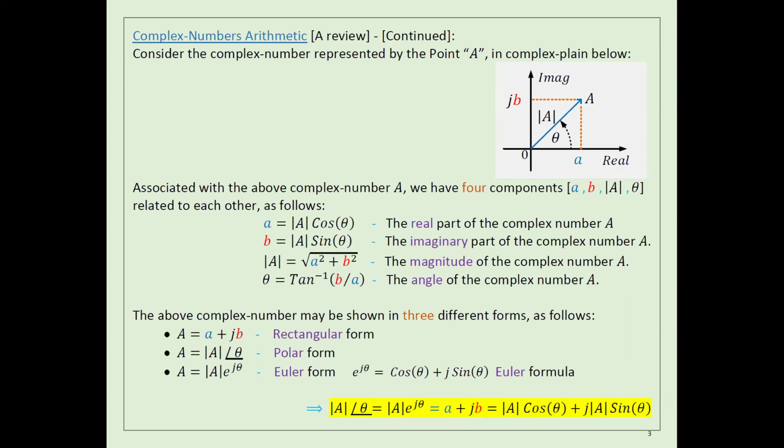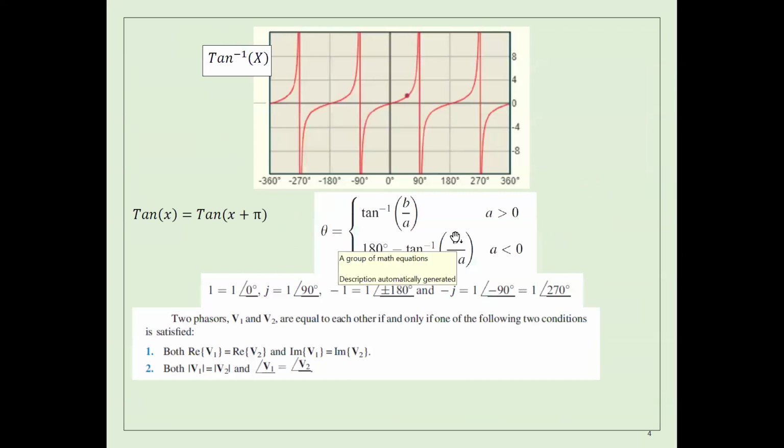In order to calculate the angle, it has to be the inverse tangent of b divided by a. But be careful here: if A is positive, you have to use this one. If A is negative, you have to use this one here to get the correct angle.